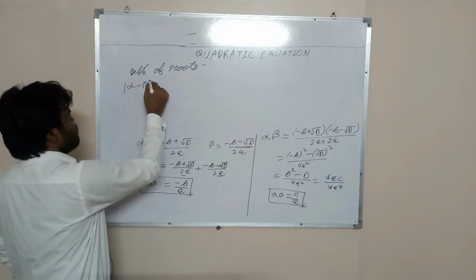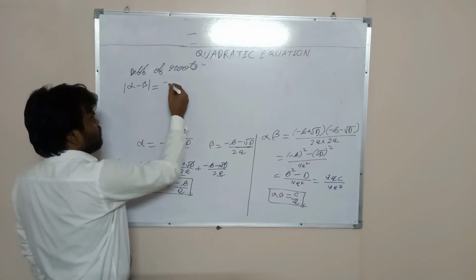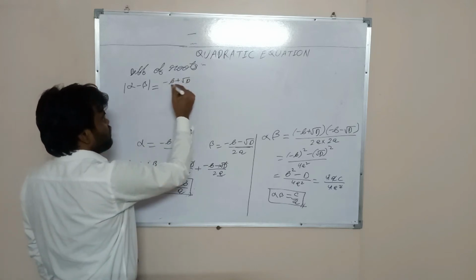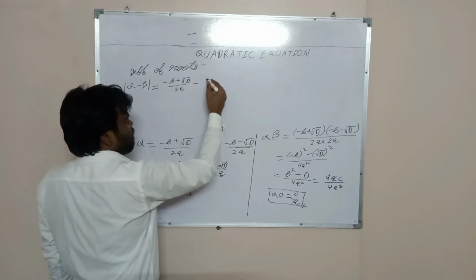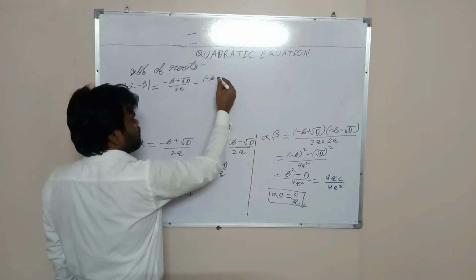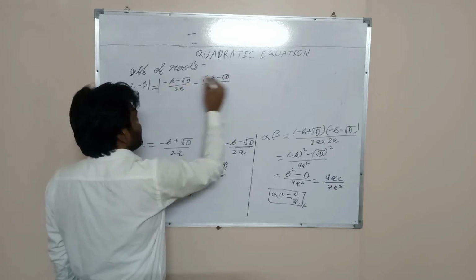What is the magnitude of the difference of roots? We have seen this is minus b plus root d upon 2a minus minus b minus root d upon 2a, magnitude.